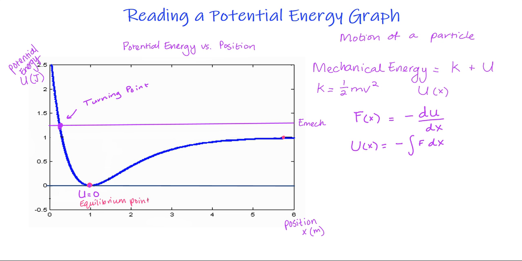Now, what's very important to note is that an equilibrium point does not have to occur when the potential energy is 0, because I could have shifted this whole function up like this, and that would still be considered an equilibrium point. An equilibrium point is actually going to happen where the negative derivative of the potential energy is equal to 0. Or another way of saying that, an equilibrium point occurs where the derivative of the function is 0.